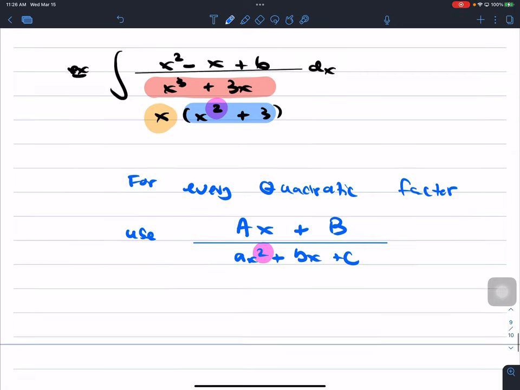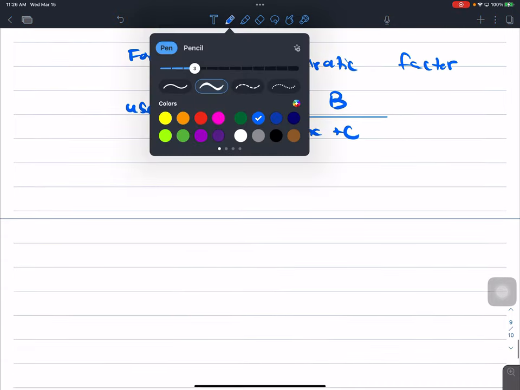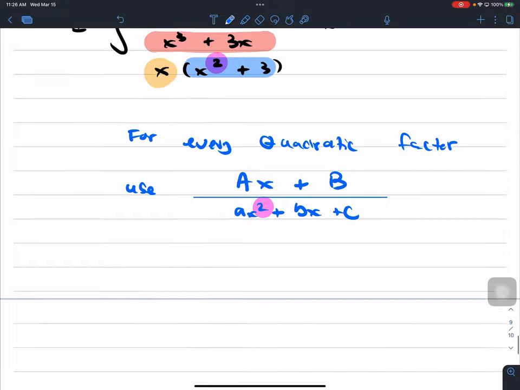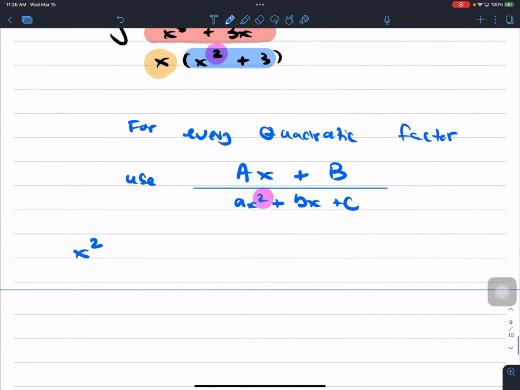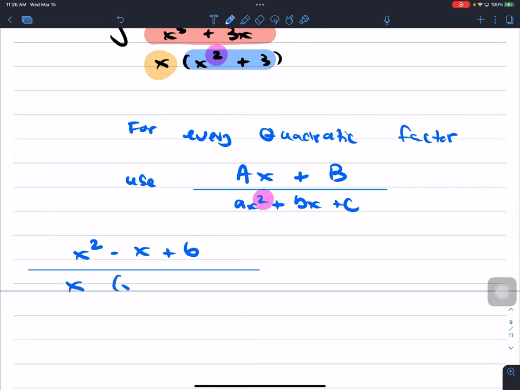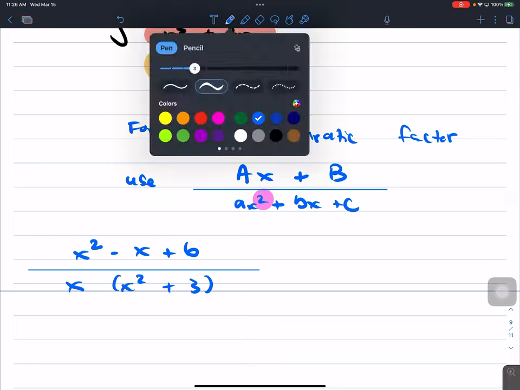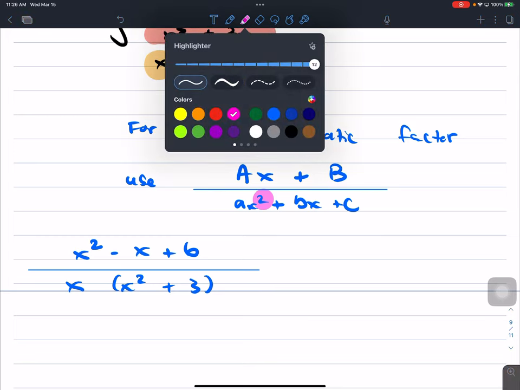So you might say, well, how does that work in this case? Well, in this case, notice you have the x squared minus x plus 6 over this x squared plus 3.